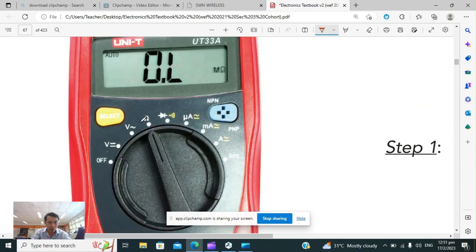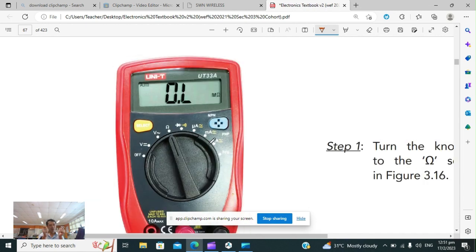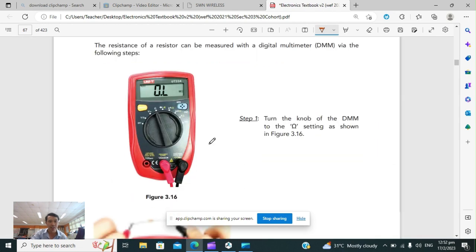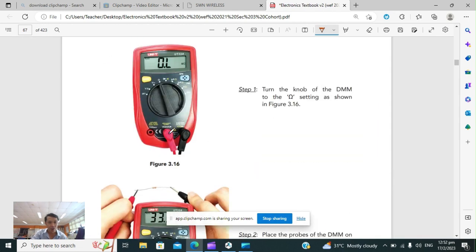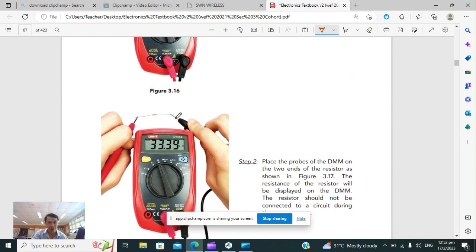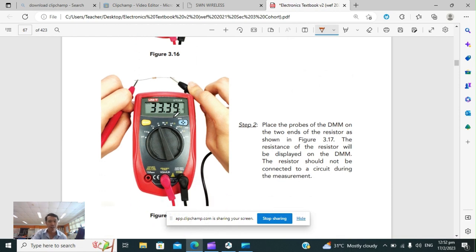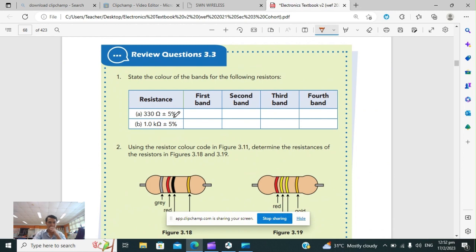You just need to turn the knob to the ohm symbol. Once this is turned to the ohm symbol, whatever you put in between the two probes will measure the resistance of that component, as shown in this picture here. Put the two probes on the two ends of the resistor, and immediately it'll tell you the resistance of that resistor. So that's another way.